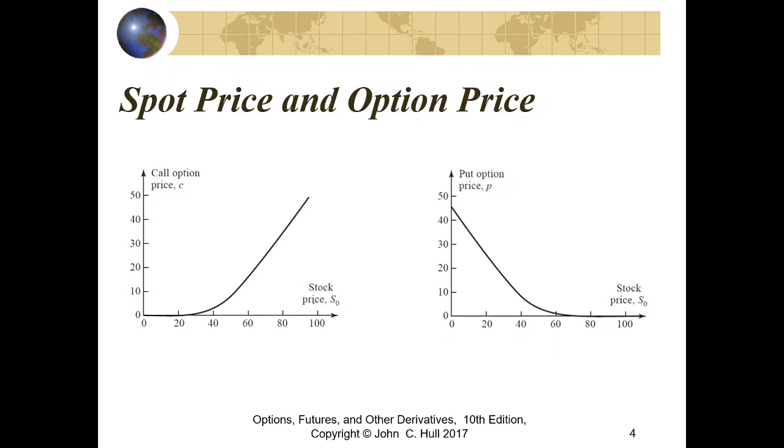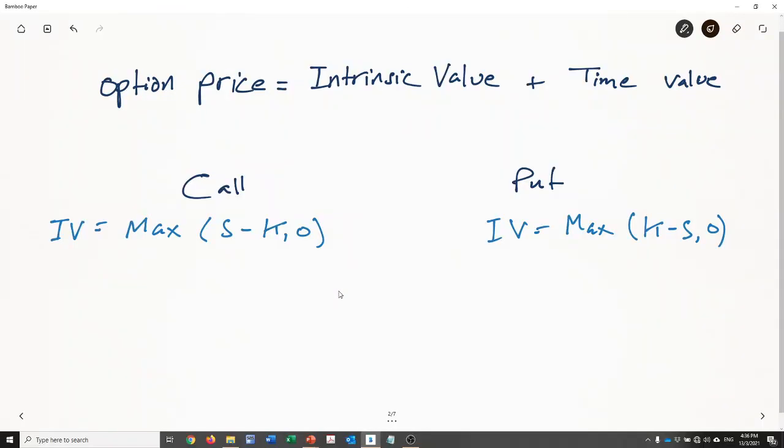And if we look at the intrinsic value, as we increase the spot price, what will happen to the intrinsic value? It will increase. And if we increase the intrinsic value, what will happen to the option price? So also the call option price will increase.